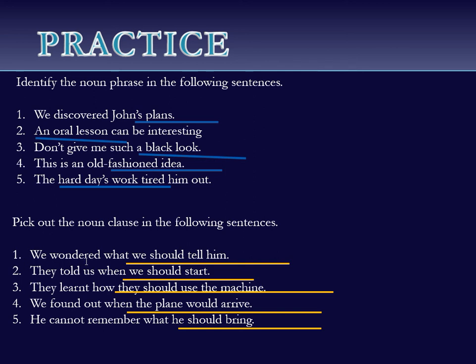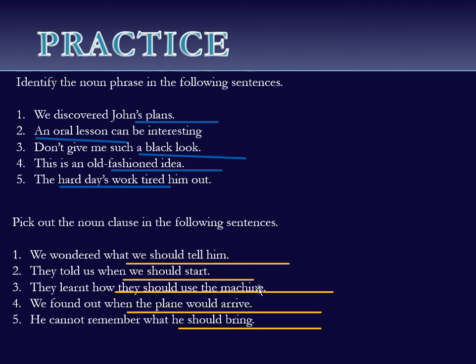Number 1. We wondered what we should tell him is a clause. Number 2. They told us when we should start. Here, when we should start is the clause. Number 3. They learned how they should use the machine.